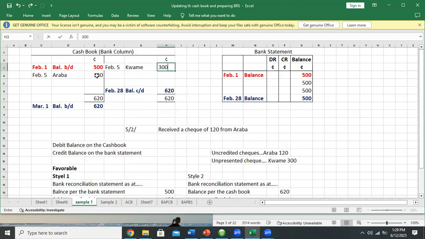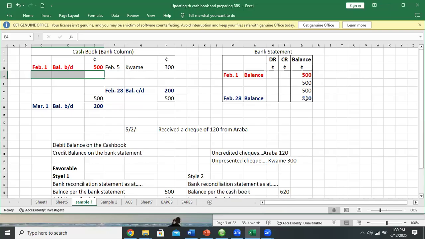So now Araba can go off because we have sorted out the check. Good. So this time we paid Kwame, but Kwame has not gone to the bank for payment. So what is happening? Our cash book balance is 200. Our bank statement is what? 500.